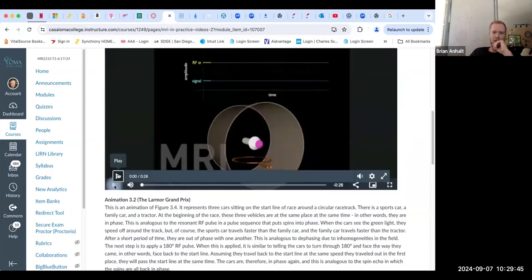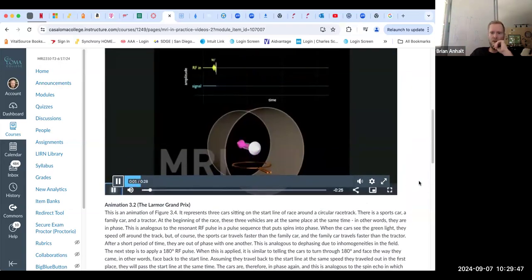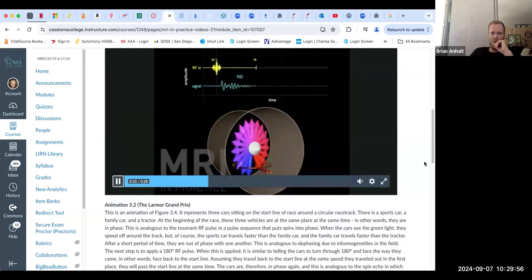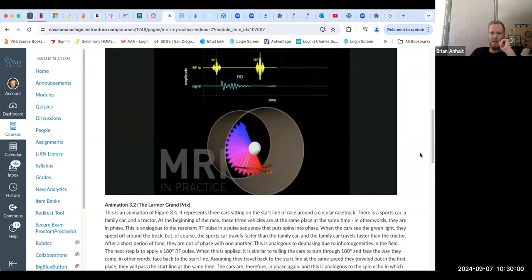And then this one right here, they could show you how this would be the receiver coil, and see that no signal is being received and how it's going to start to be received again and grow as the protons come back together.